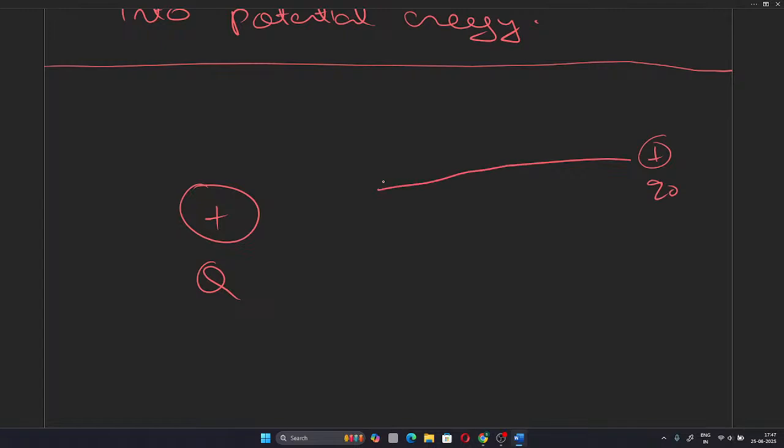When we bring this charge closer from P to R, let's assume this is the place we moved the test charge Q naught from R to P, and now let's assume at time equals t, Q naught, the test charge, reached point P.